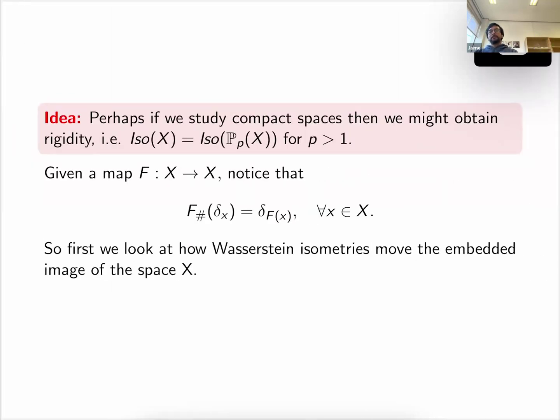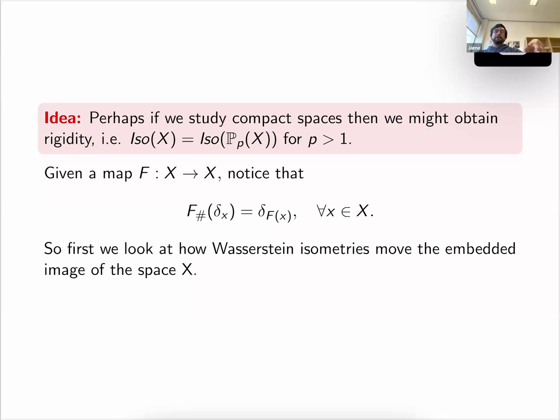And the first thing that one notices is that if I take a map F from X to itself, and I take the push forward with F of a Dirac delta, then I always get a Dirac delta. That is, the push forward of delta at x is going to be the delta at F of x.